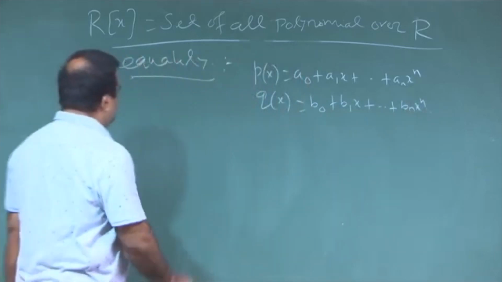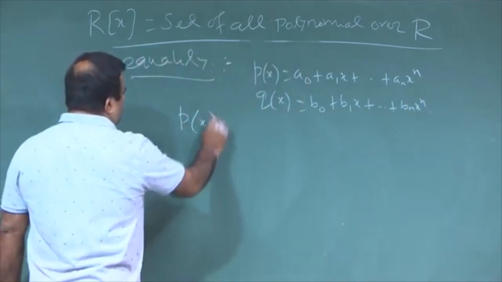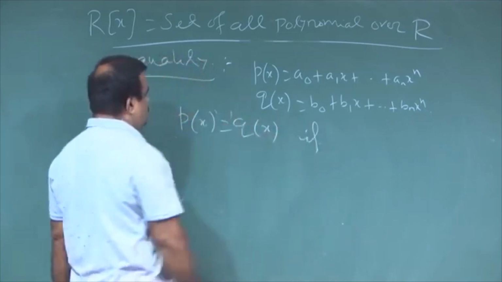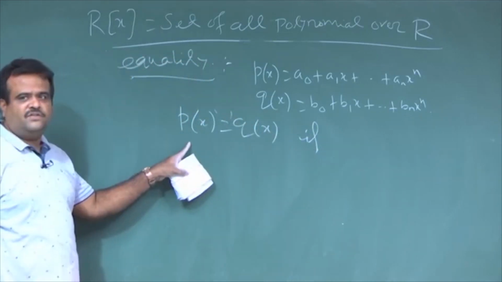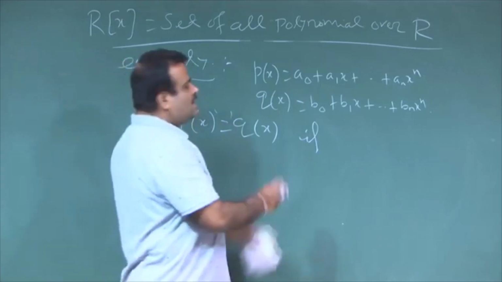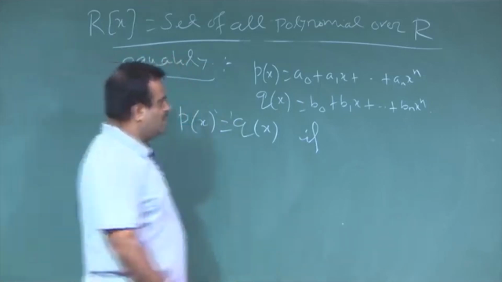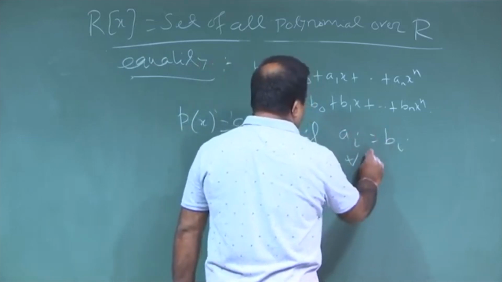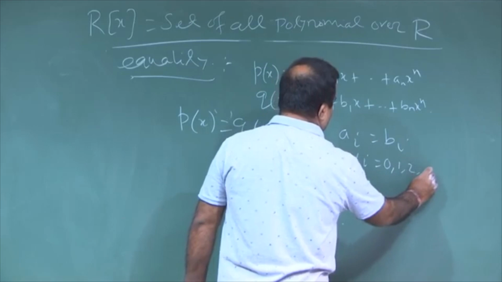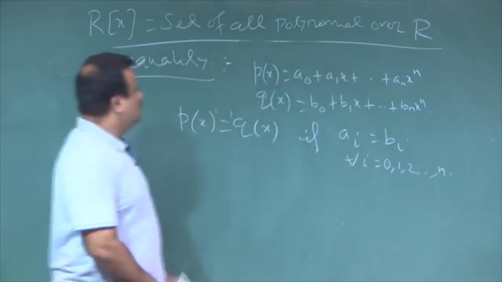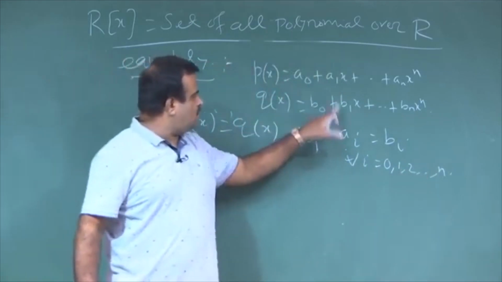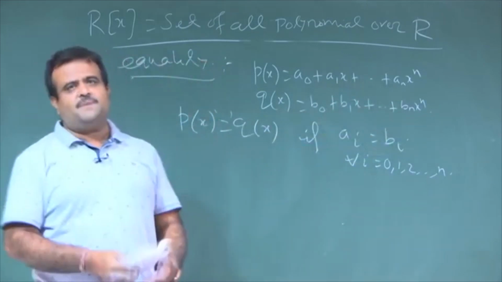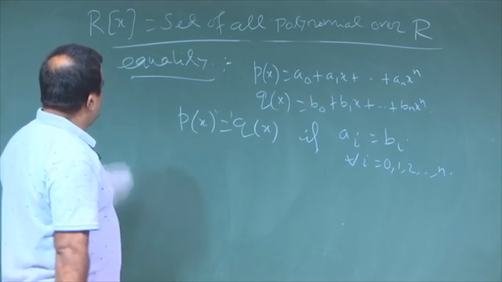We say these two polynomials are equal if and only if their corresponding coefficients are the same, a i equal to b i for all i. So, a 0 equal to b 0, a 1 equal to b 1, a 2 equal to b 2, like this.